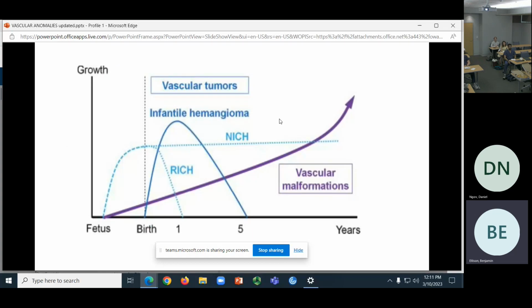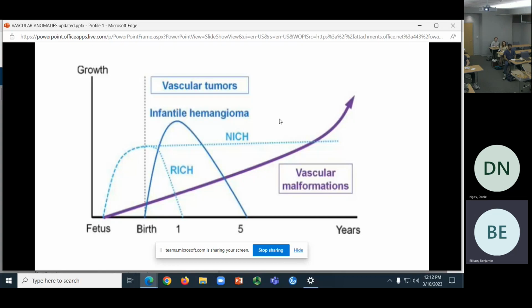This is a graph that shows, in terms of clinical history, how we can differentiate vascular tumors and vascular malformations, especially the infantile hemangioma, which is the most common one. This is the curve of the infantile hemangioma, years against growth and size.